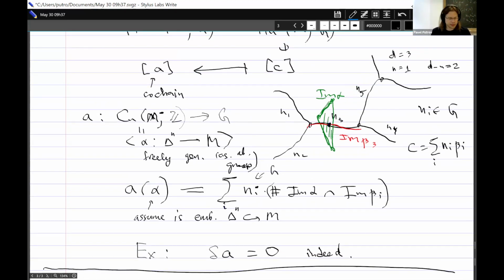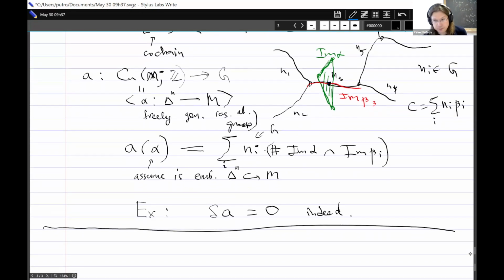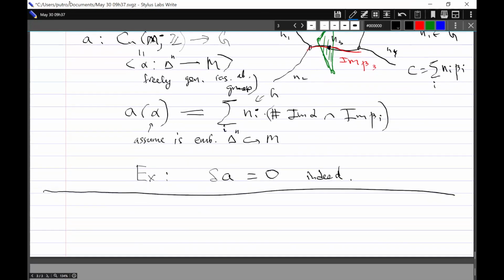Any questions? I don't see any question. Okay, there is one: does the manifold have to be orientable also for this?